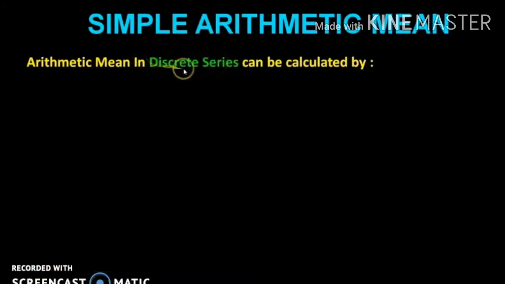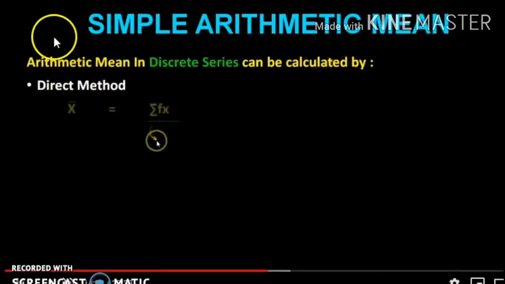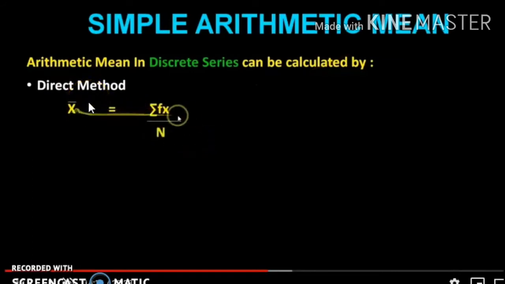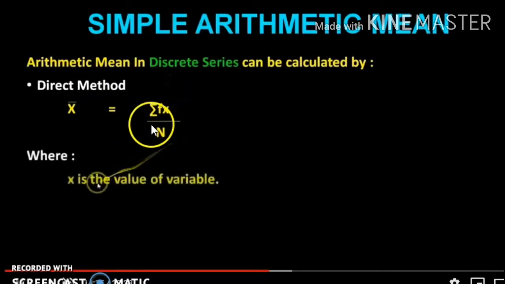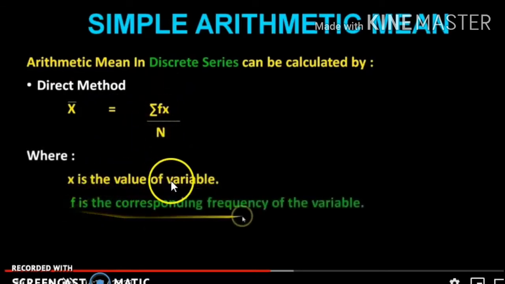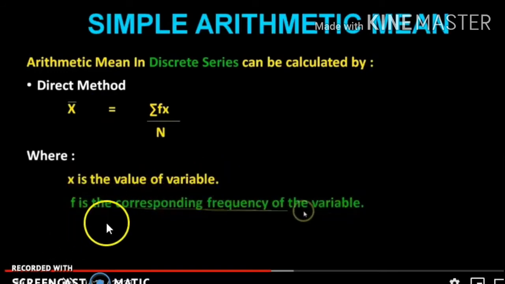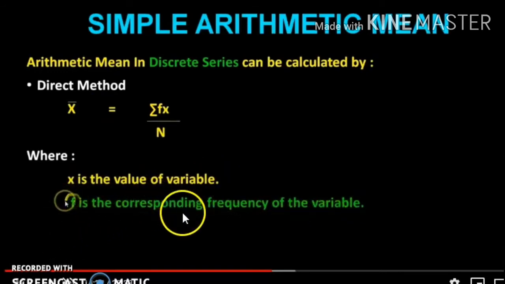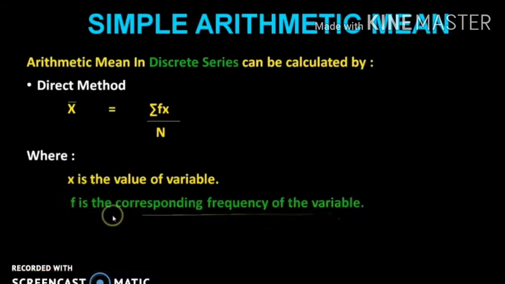It is the same as the direct method first, with two-column data, and the formula is x bar equal to sigma fx by n. Here x is the variable and f is the frequency of the corresponding value.